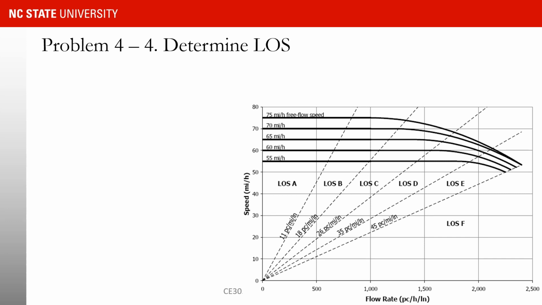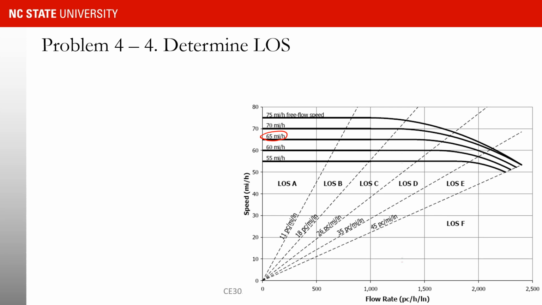So what we need to do is to put that volume, 1285 passenger car per hour per lane, on this figure. Go and use the curve that is corresponding to our free flow speed, which is 65 miles per hour, and based on the intersection of the curve and the volume, find the actual speed.